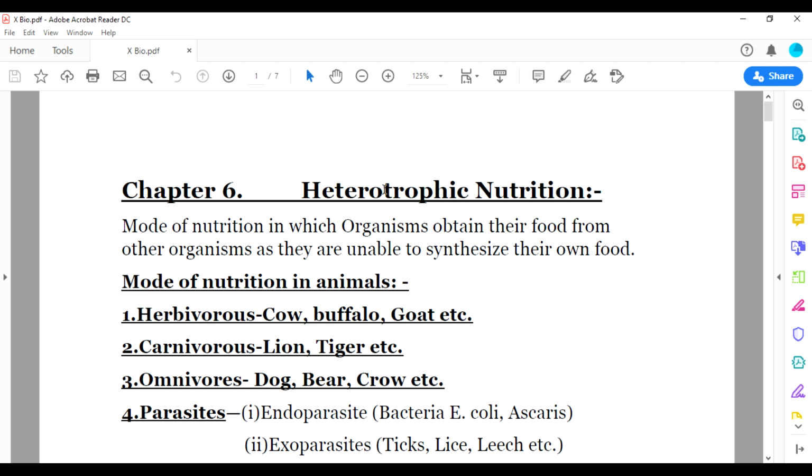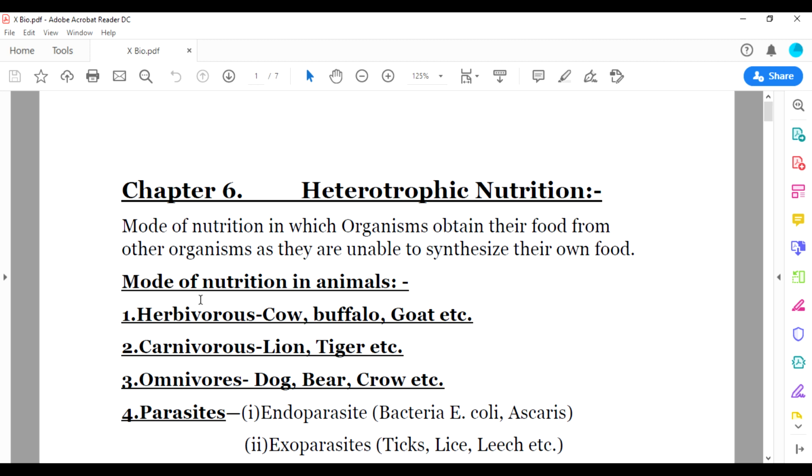And the mode of nutrition in which organisms obtain their food from different sources or different organisms is called heterotrophic nutrition. Why do they obtain their food from other organisms? Because they cannot synthesize their own food because of lack of chloroplast.